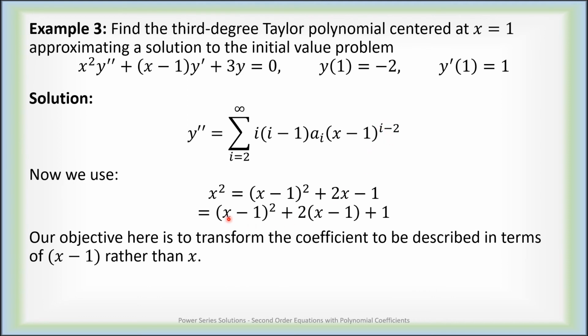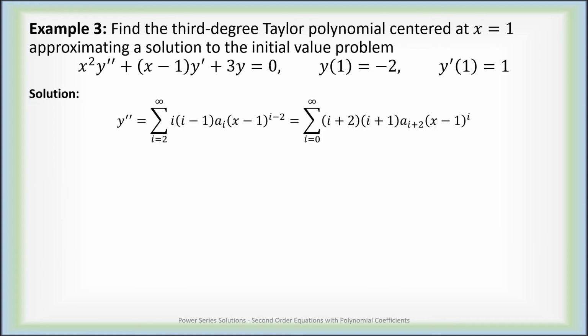But multiplying by x minus 1 squared, or multiplying by x minus 1, can easily be incorporated into this power series. So instead of multiplying by x squared, we want to multiply by all of this, things in terms of x minus 1, because that's the general term of our power series.